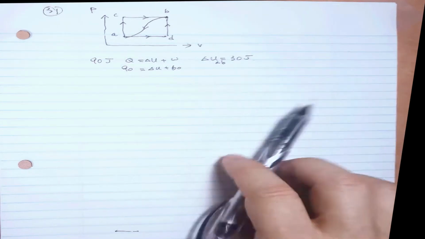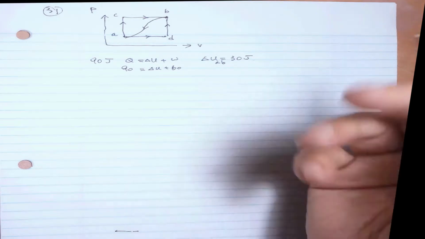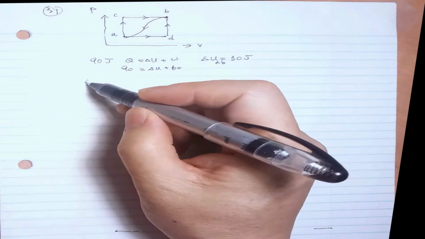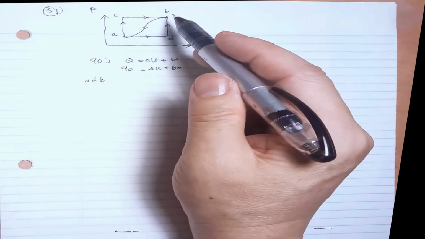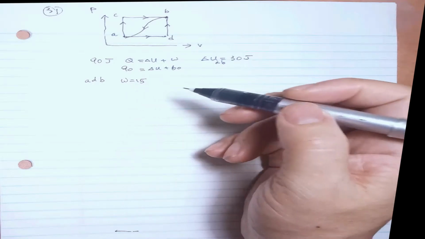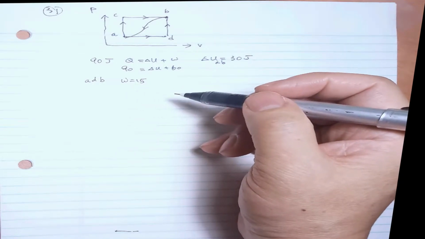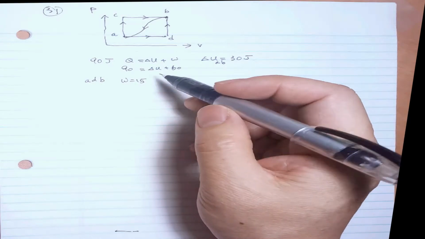So part A is, how much heat flows into the system along ADB if the work done by the system is 15 joules? Now, from ADB, which is from here to here to here, if the work done by the system is 15 joules, how much heat will be flowing into the system?